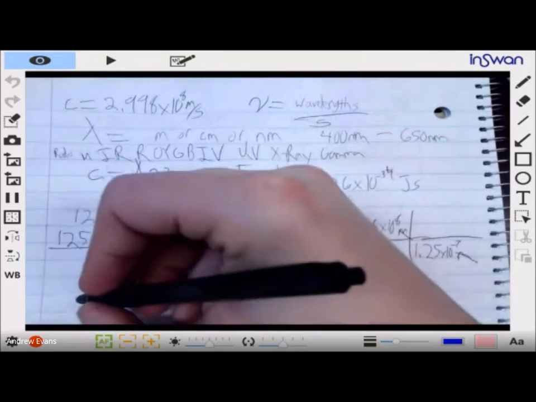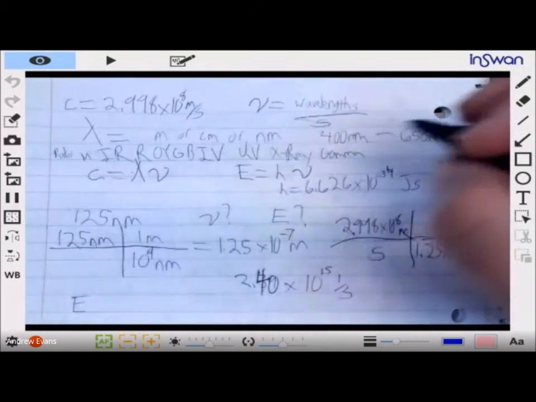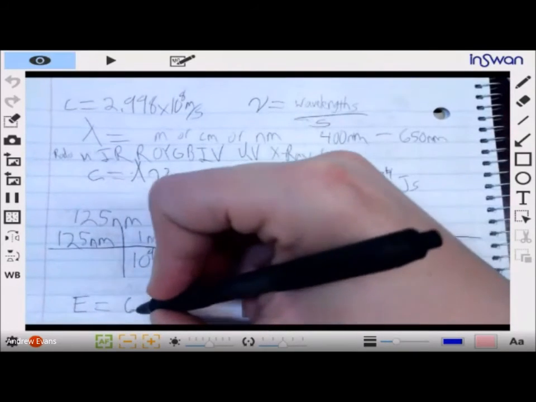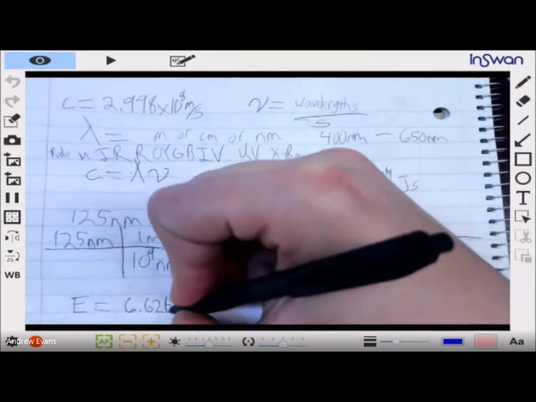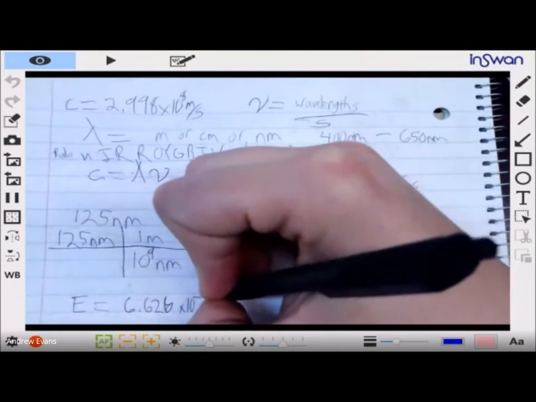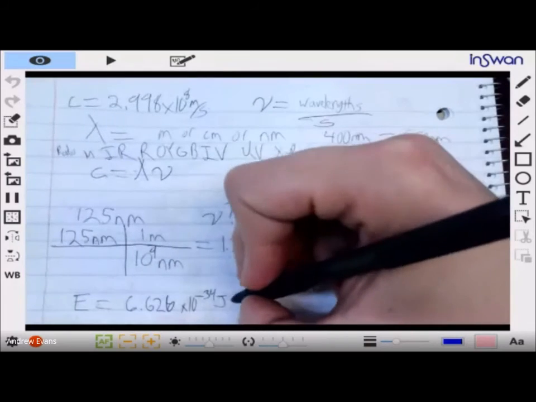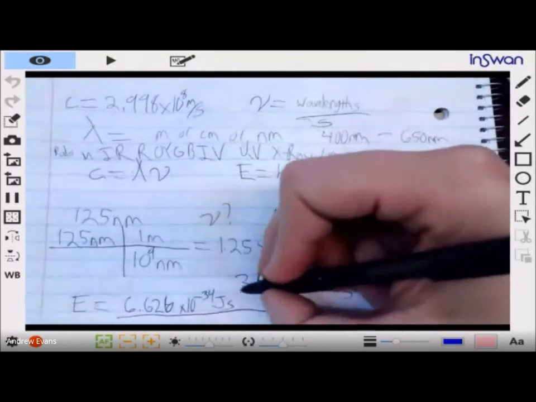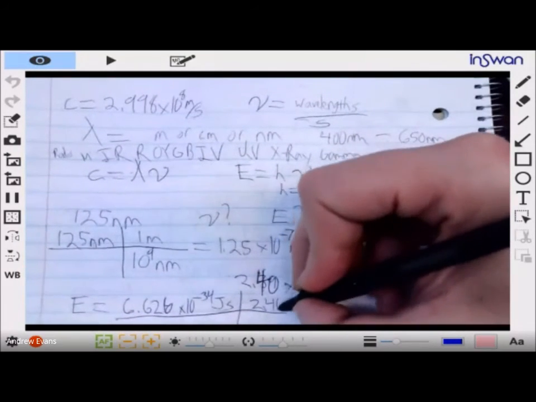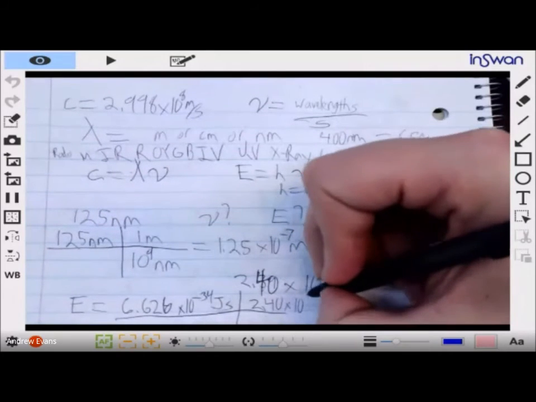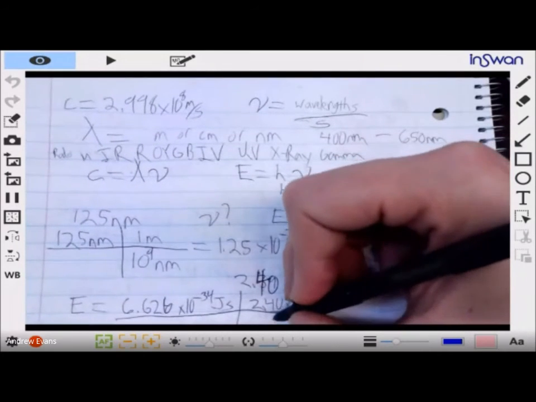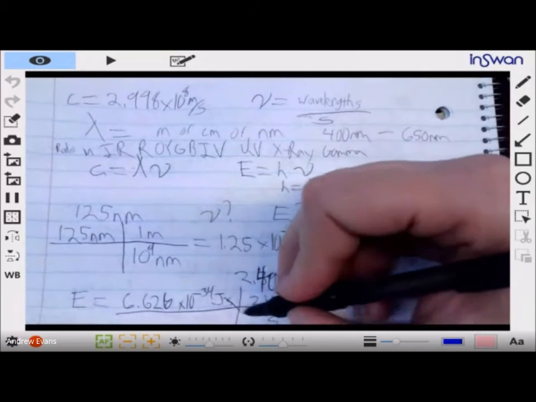To get the energy, energy is going to be equal to h, 6.626 times 10 to the negative 34th joule seconds, times 2.40 times 10 to the 15th inverse seconds. Seconds and seconds cancel out.